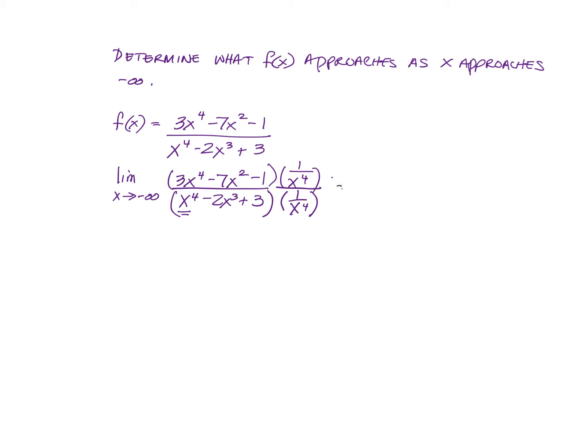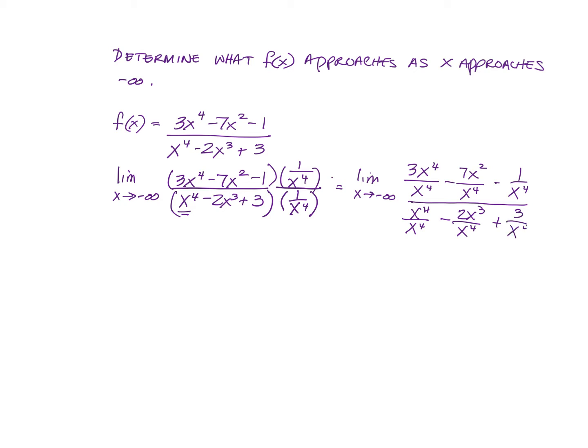So I'm going to get the limit as x approaches negative infinity of 3x to the fourth over x to the fourth minus 7x squared over x to the fourth minus 1 over x to the fourth, and that's all over x to the fourth over x to the fourth minus 2x cubed over x to the fourth plus 3 over x to the fourth.